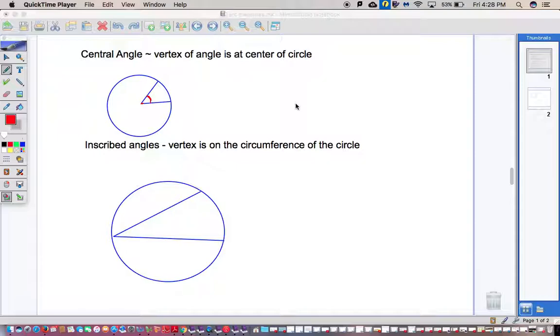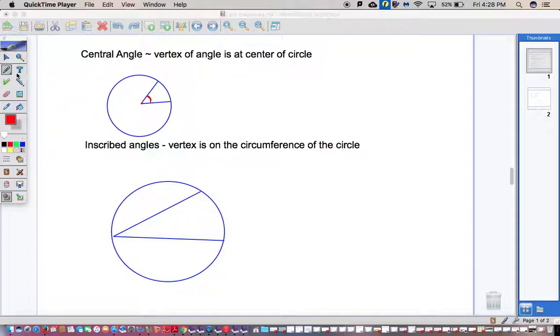Okay, we're going to talk about a couple of theorems, or postulates, about angles and circles or circumferences. One is a pretty basic one, and that just says that if you have a central angle, whatever measure the angle is, the arc associated with that, where the angle intercepts the circumference, is the same measure.